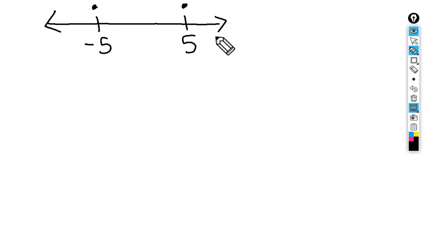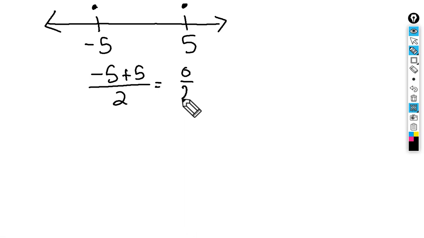Okay, now as I'm looking at these two things, I am going to add them up and divide by 2. So I get 0 over 2. This is actually the middle or the center. So this is the center of the number line where those 2 dots are.